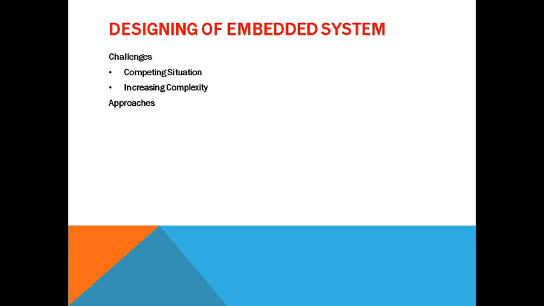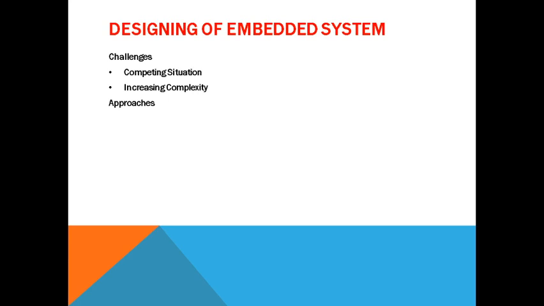Because of these two factors, embedded systems have to be developed in a specific time, and if the businessman does not launch his system in the specified time, he may have a business loss.